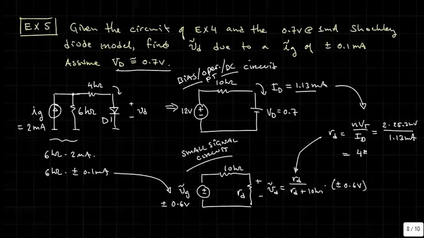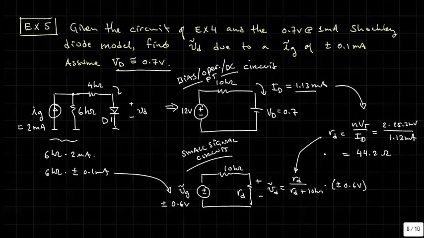This yields a resistance of, sorry, 4.4 ohms. We plug the RD into our voltage division equation, and we find that VD small signal is equal to plus or minus 2.6 or 2.7 millivolts.